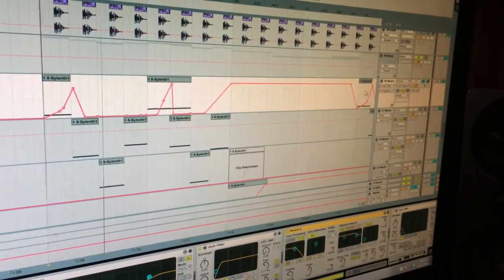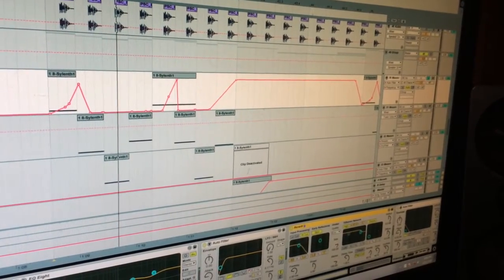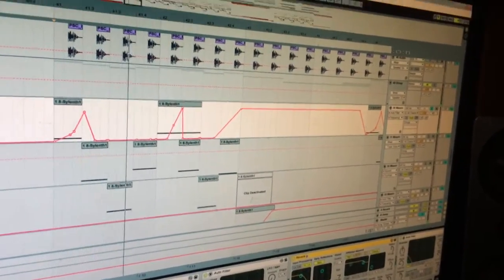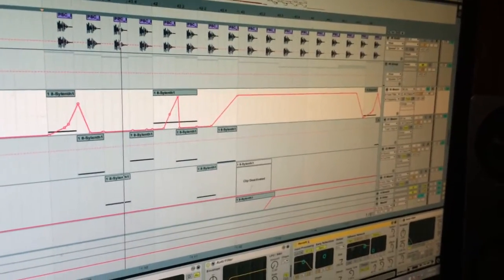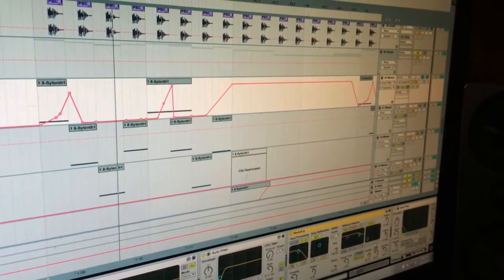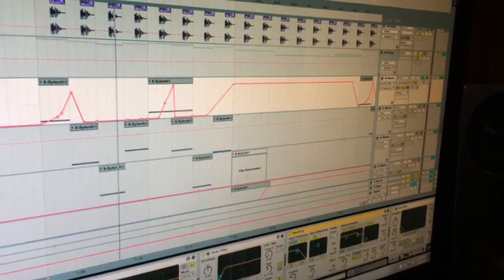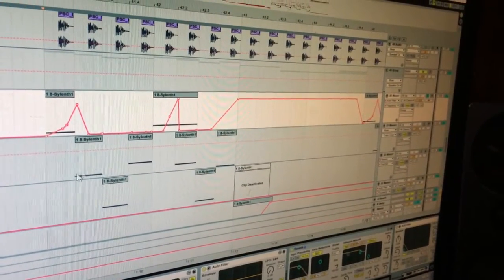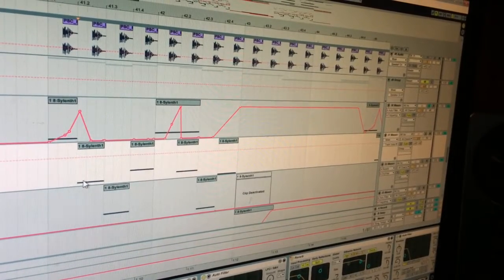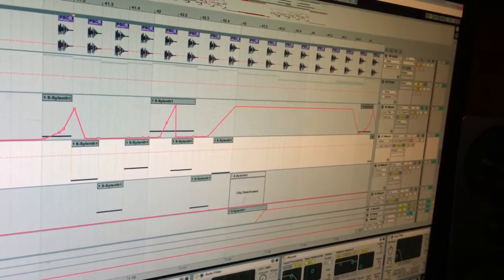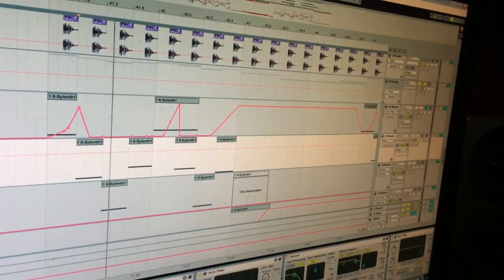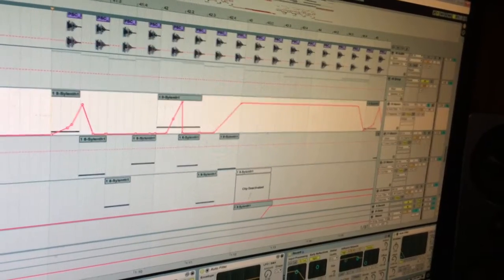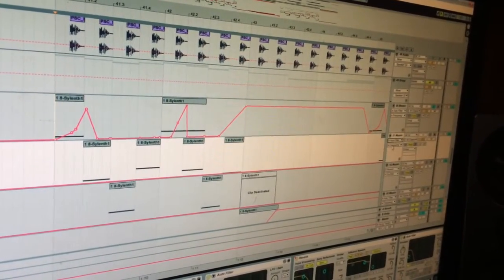So reverb, if you don't know what that is, basically it's the echo, like a hallway. Like if you hear music in a hallway, there's gonna be a lot of reverb in there. It's the echo, the sound replaying into the open air, in the distance, sort of thing. So yep. And then to make them really whipping around, that's what you see drawn in the red right here, all over the place.